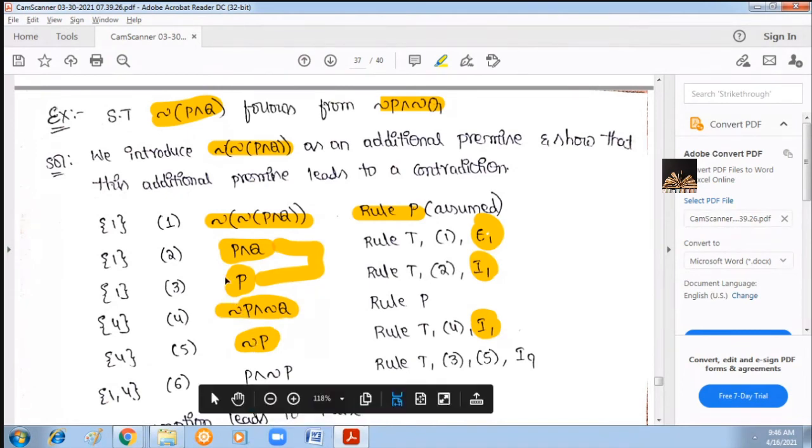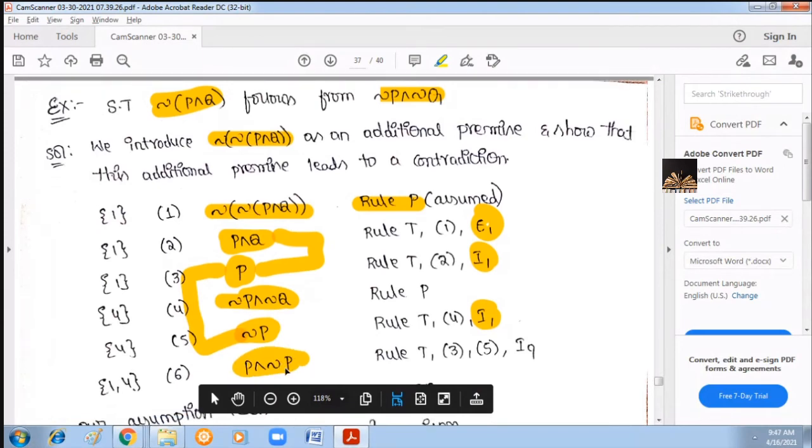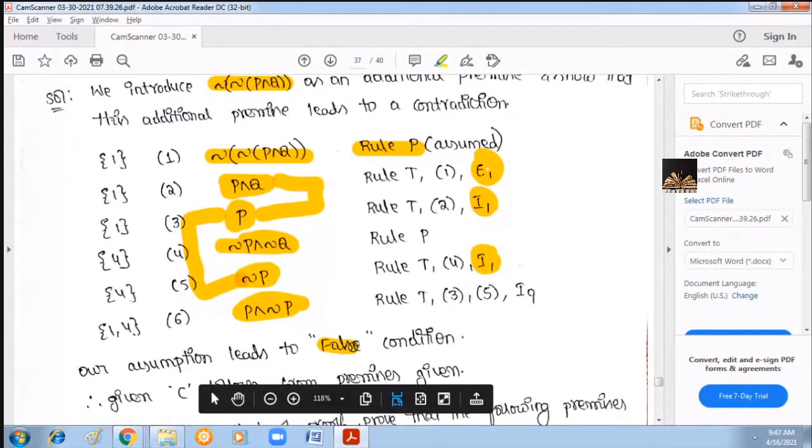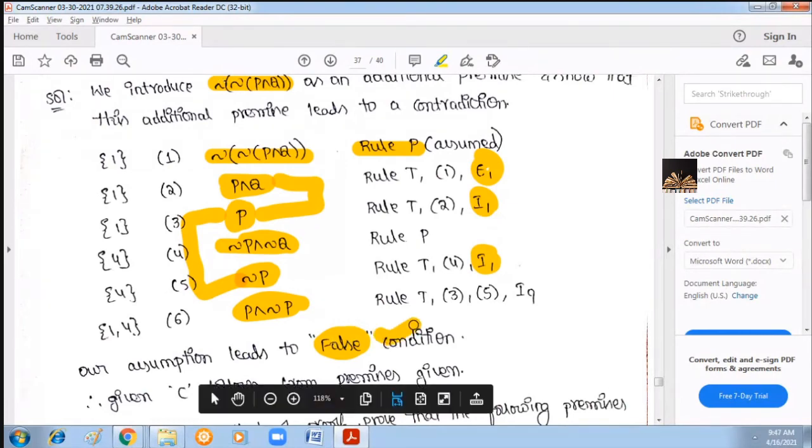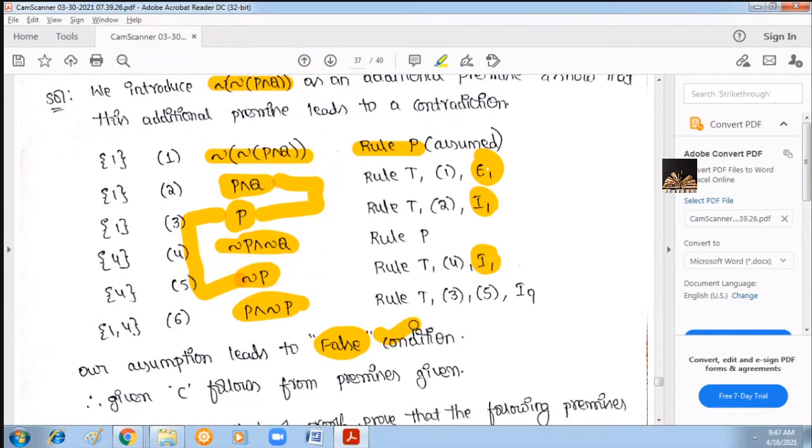So now when you take this negation P and P, what will be your answer? Your answer is false. So when you consider the negation of your conclusion, you are able to get the false answer. That means our assumption is wrong. Assumption is wrong means your conclusion is a valid conclusion.